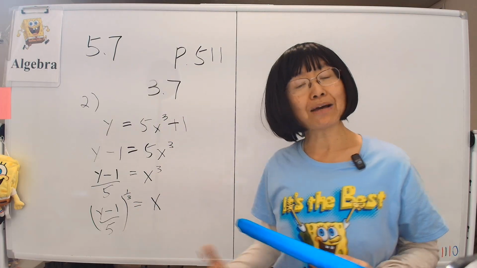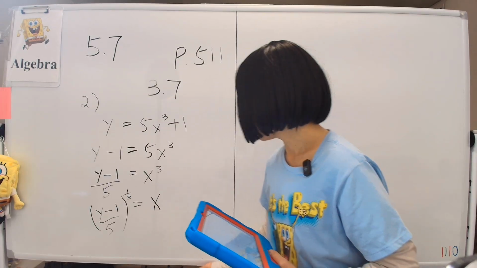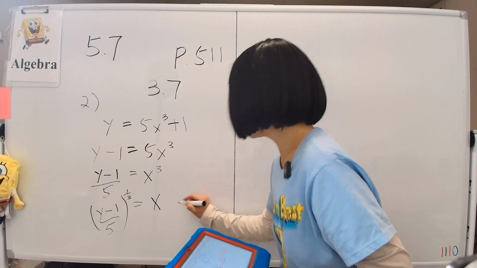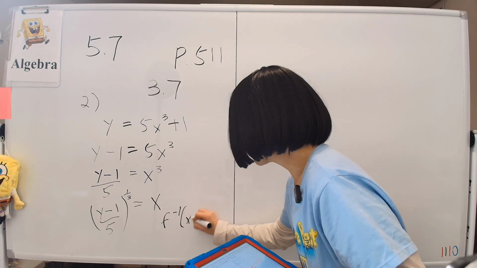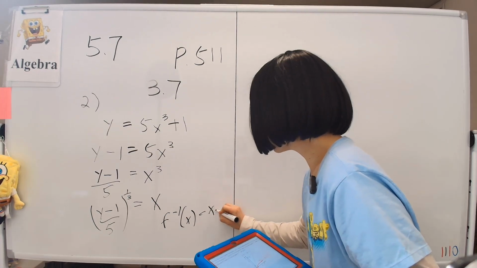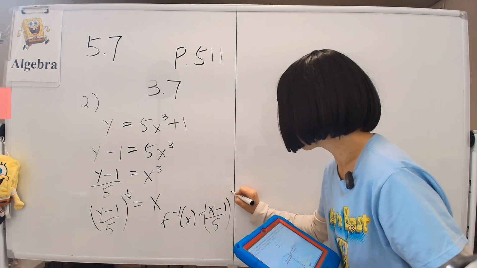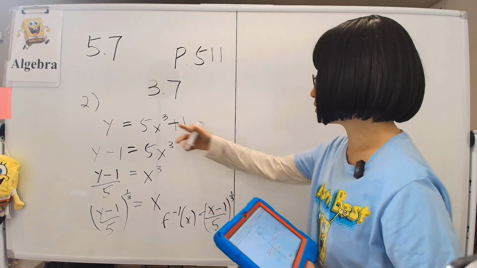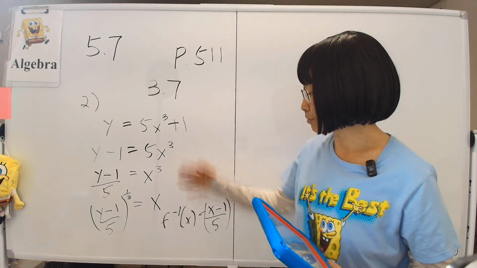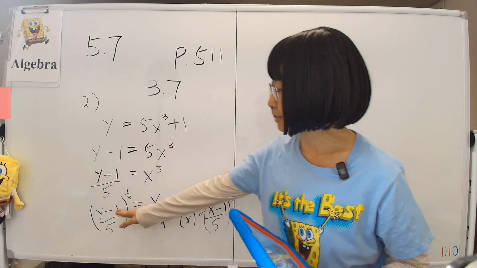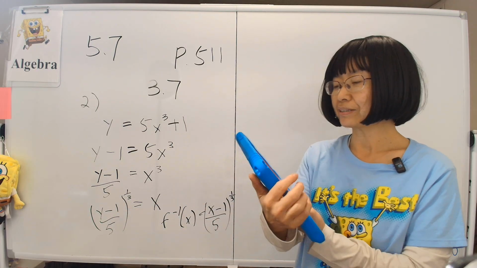So what I recommend is once you're done with the solution, then you can rename this as the inverse function, f inverse of x equals (x minus 1) over 5. You change the y back into x so that you can plot both things on the same graph. Otherwise, that thing will be in terms of y. Anyway, that is how you come up with inverse functions.